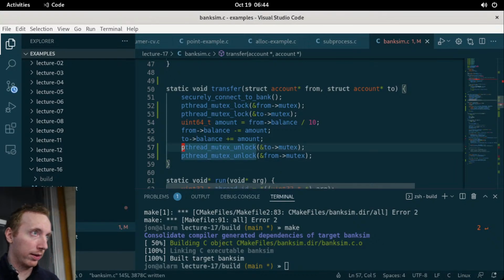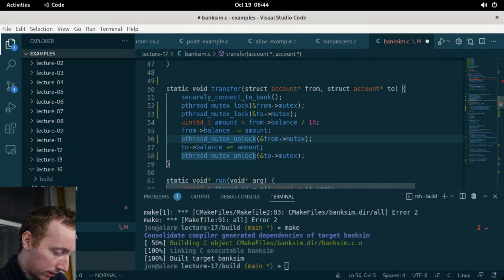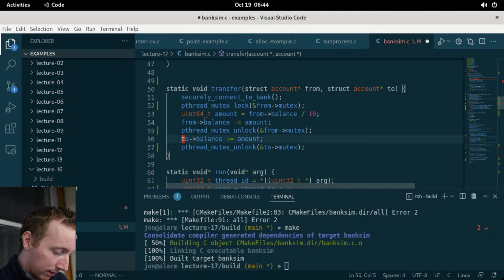All right. Yeah. Can't you just lock the from around the amount equals from balance divided by 10 and from balance minus equals amount, and then unlock it after that, and then lock the to, do the to balance plus equals, and then unlock it? Like that?